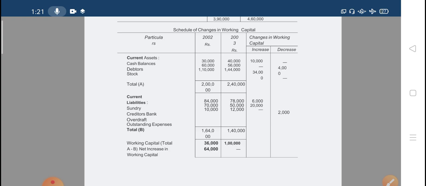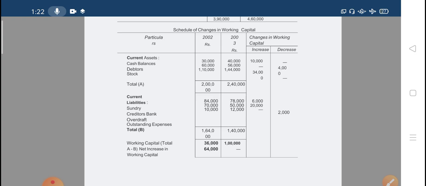So here 2002 is the previous year and 2003 is the current year. In the fourth column we have to write the increased amount of current assets and current liabilities. In the fifth column, the decreased amount of current assets and current liabilities.